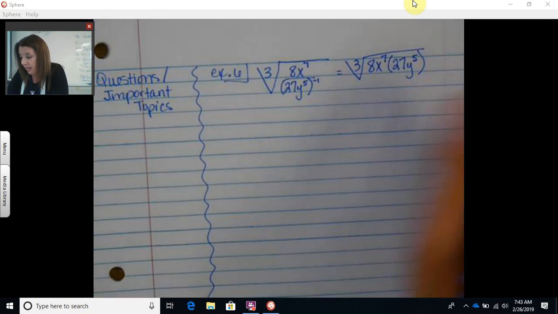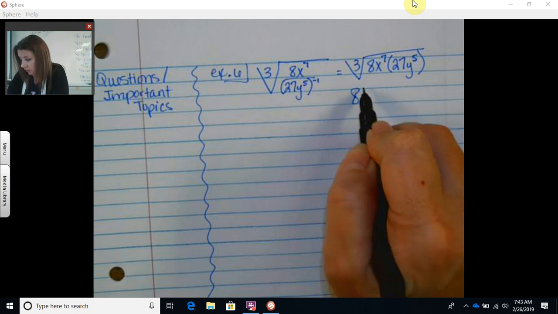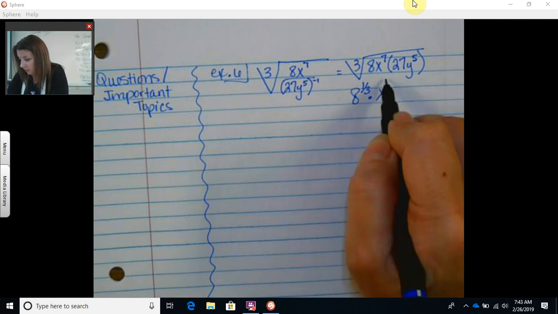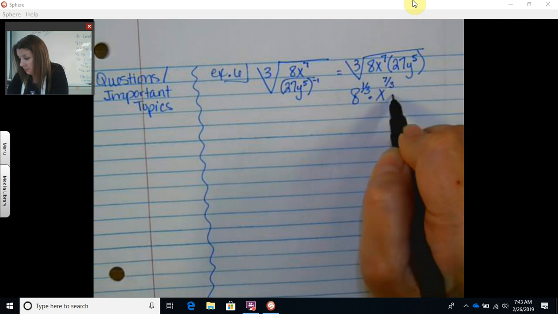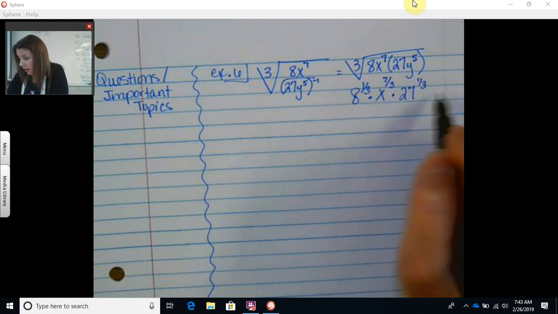So that would be 8 raised to the what? 1/3 power times x raised to the 7/3 times 27 raised to the 1/3 times y raised to the 5/3.